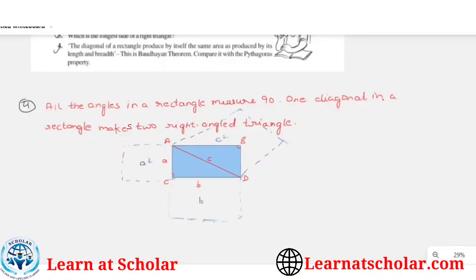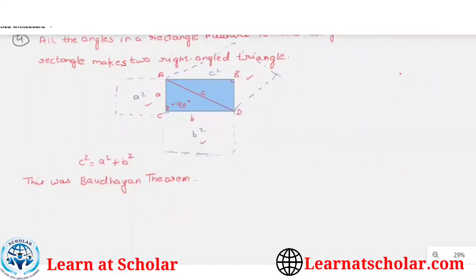I have drawn two more squares on length and breadth, and they are B square and A square. So C square is equal to A square plus B square. You can see that this is the same property as given by Pythagoras on right angle triangle. Budhayan has given this theorem long back. After a long time, Pythagoras recreated this property on right angle triangles, which is more popular right now.